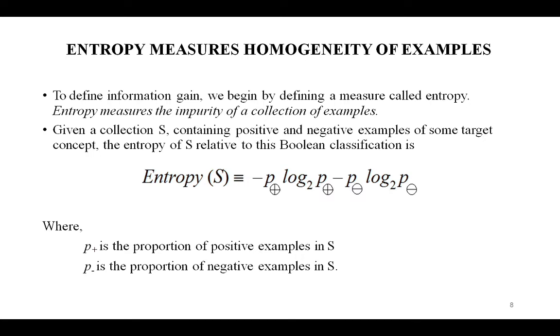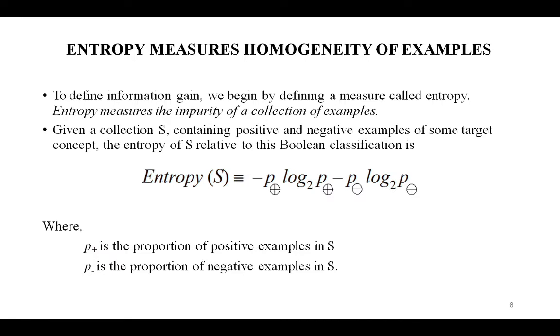Given a collection S containing positive and negative examples of some target concept, the entropy of S relative to this Boolean classification is: Entropy(S) = -p+ log2 p+ - p- log2 p-.